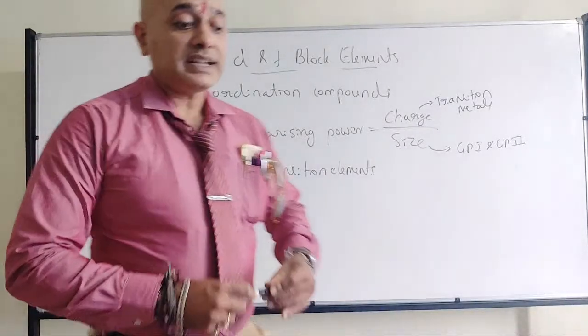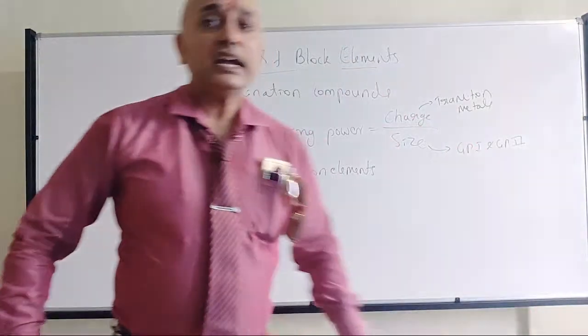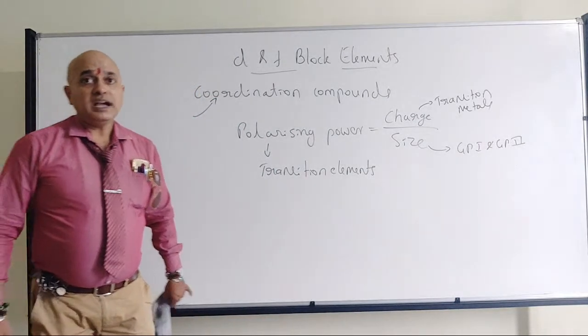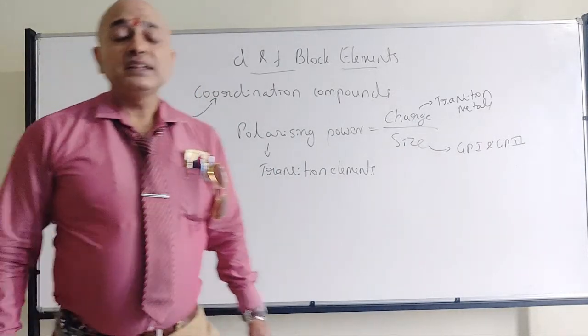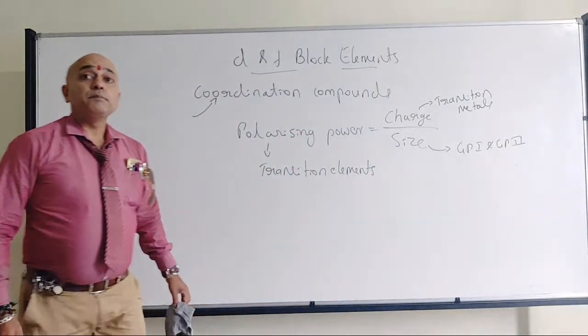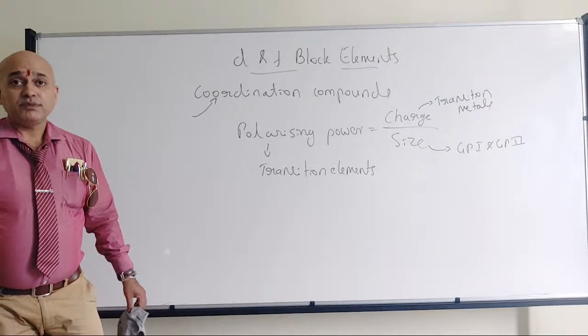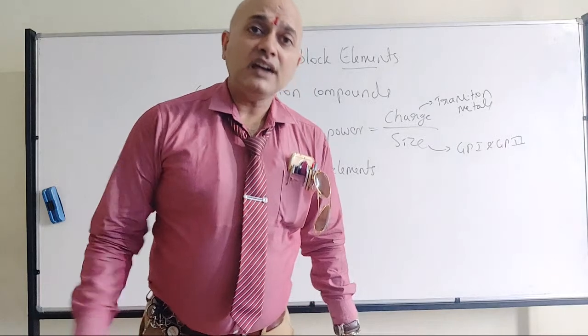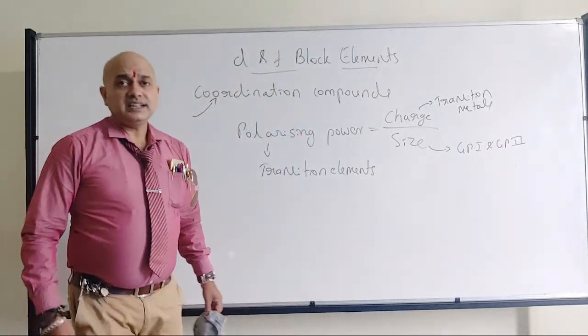So therefore it can have efficient interaction with multiple ligands. Due to the higher polarizing power, it can interact efficiently with multiple ligands, because among the ligands we have neutral, negatively charged and positively charged ligands.